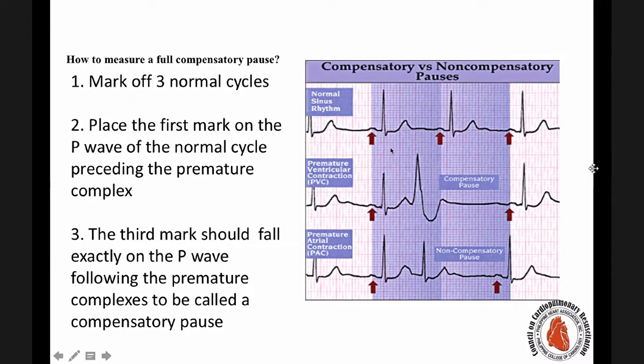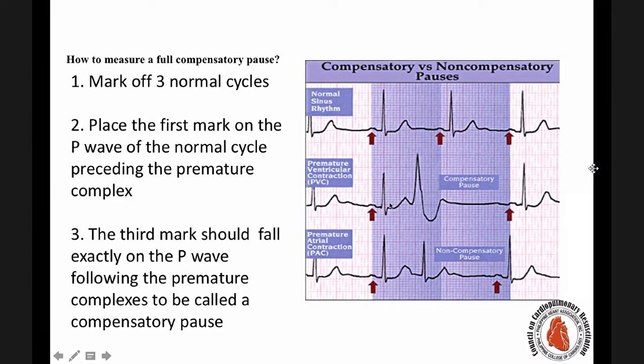So how to check for a full versus a non-compensatory pause is you compare it with a normal heart rate, dapat tatlong beat. You measure from P to P, dapat ma-check mo yan yung distance.